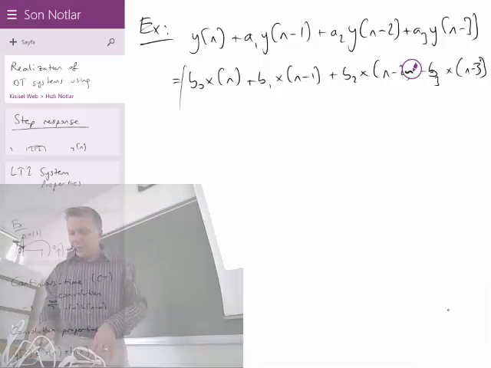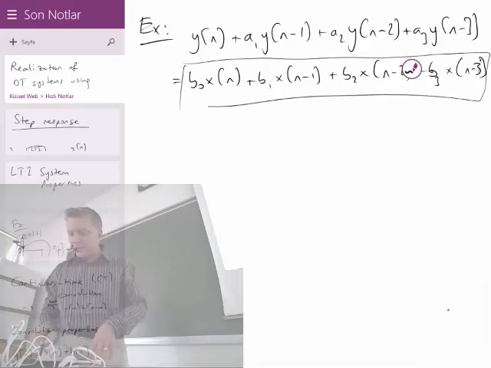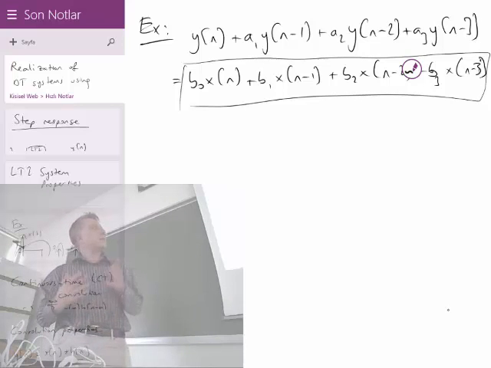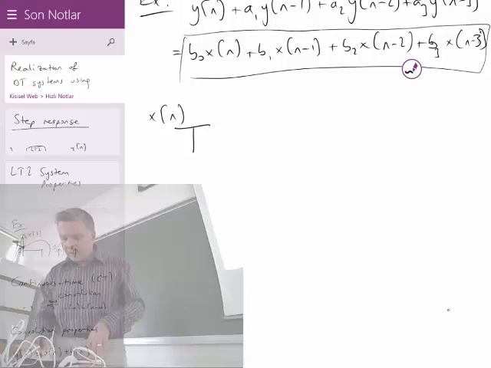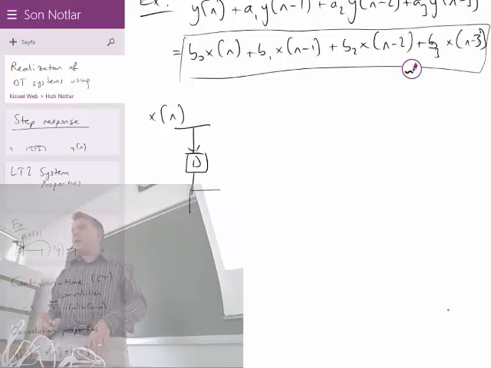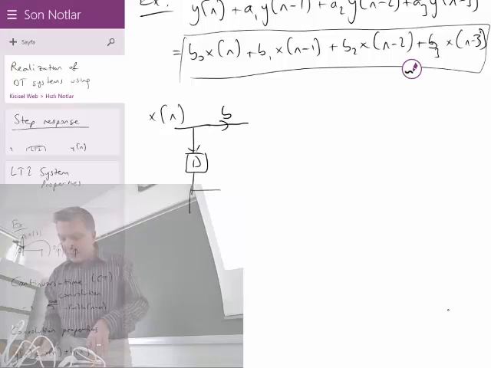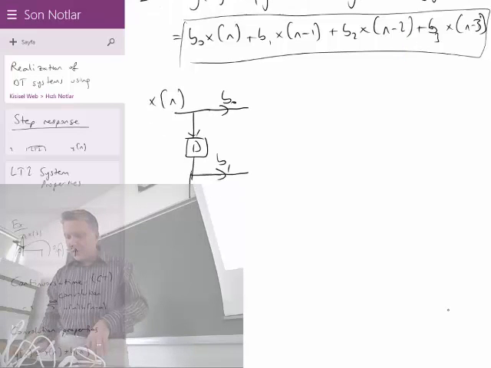First, I will consider the delayed components at the input side and construct a new input z from these x's. And how am I going to do that? This is x of n. This is the delayed version, which is x of n minus 1, and I'm going to use x of n minus 1 going to the right. This x of n itself will be multiplied by b0. x of n minus 1 will be multiplied by b1.